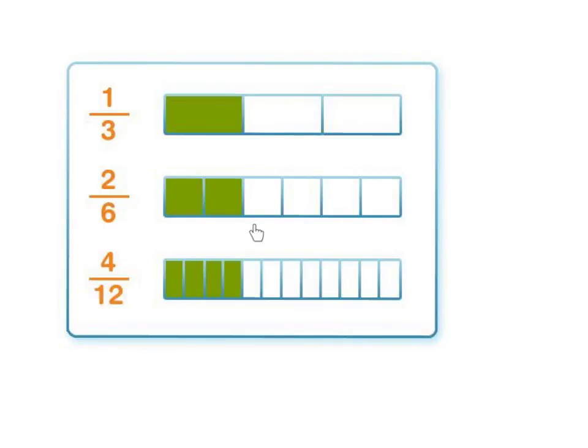But when I look at the visual model, the tape diagram that was drawn, the amount that's shaded takes up the same amount. They are all equal. Different fractions, but they all name the same amount.